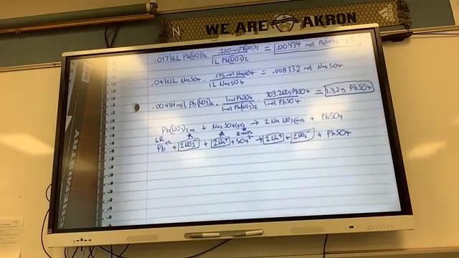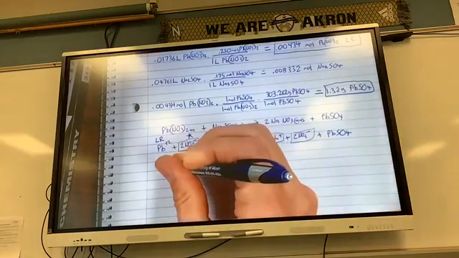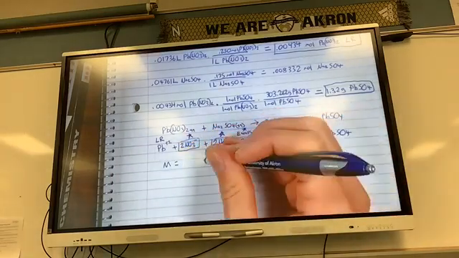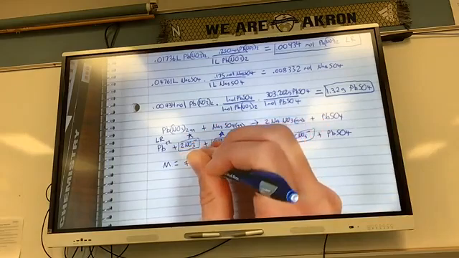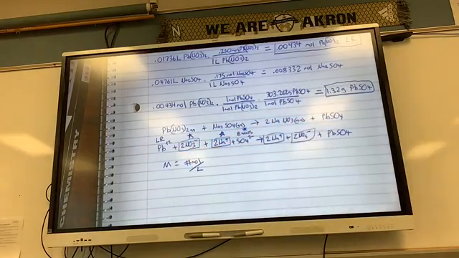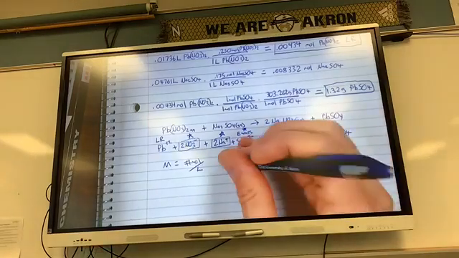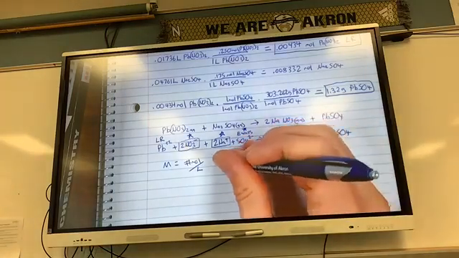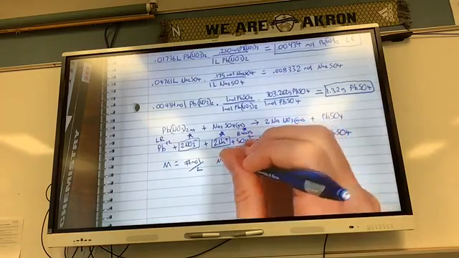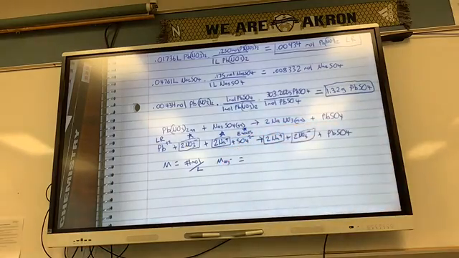Okay. So we know that concentration, molarity, is equal to number of moles per liter. Agreed? So let's start out with NO3. So molarity of NO3 minus equals, how many moles of NO3 do I have?